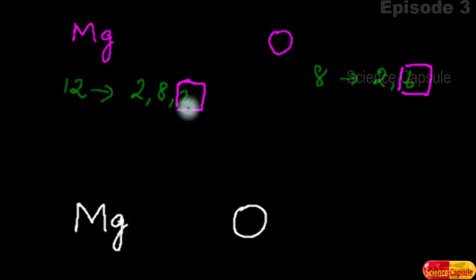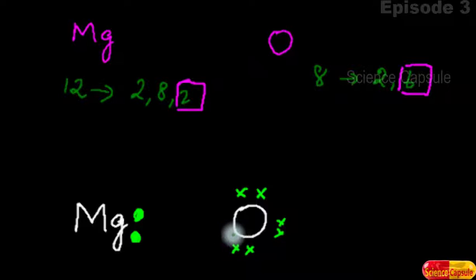Here we have 2 valence electrons in magnesium, so I am marking these 2 electrons with dots. In order to differentiate, the valence electrons of oxygen are marked with crosses. So here 6 electrons are there, 2, 4, 5, 6. Oxygen has 6 electrons in its outermost shell.